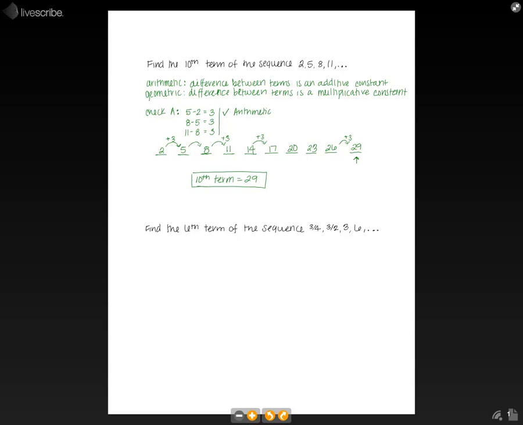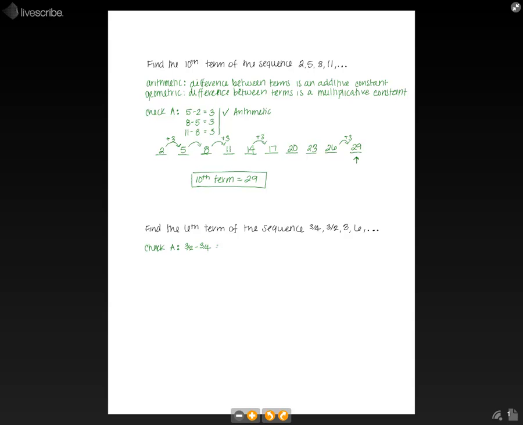Alright, so the second problem says, find the 6th term of the sequence 3/4, 3/2, 3, 6. Alright, so we're going to go through the same steps. First we're going to check to see if this is an arithmetic sequence. So what we're going to do is subtract, so 3/2 minus 3/4.